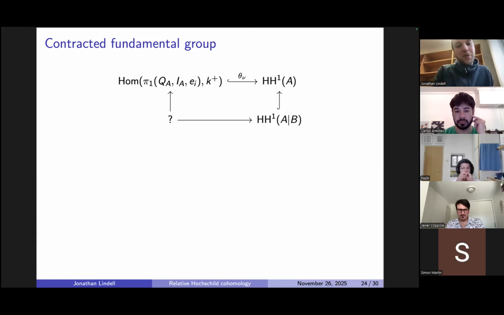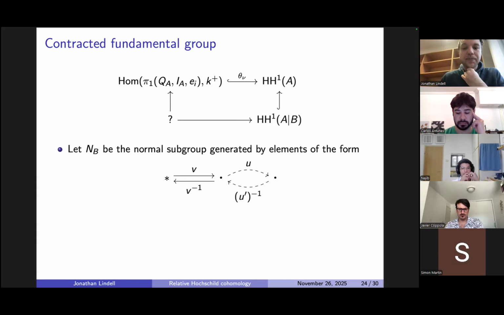And it would be nice to be able to fill in the question mark here and see what would be the equivalent thing to the fundamental group in this relative setup. This is what we call the contracted fundamental group. To define this, we let N of B be the normal subgroup generated by elements of the following form.